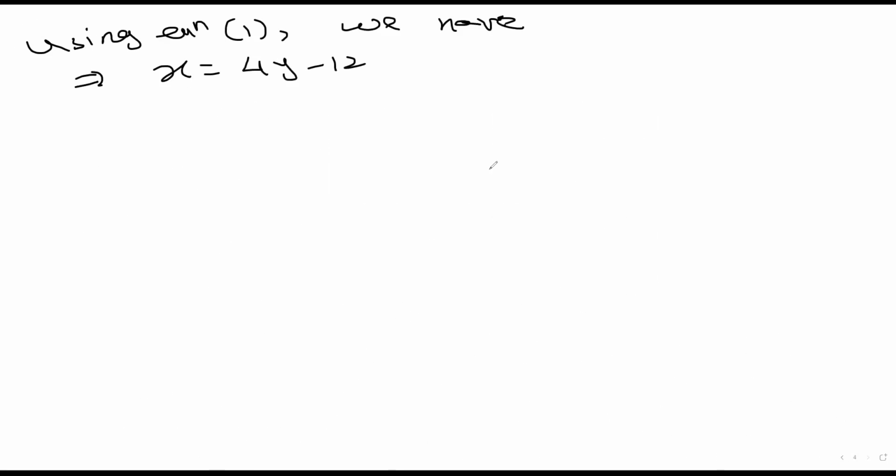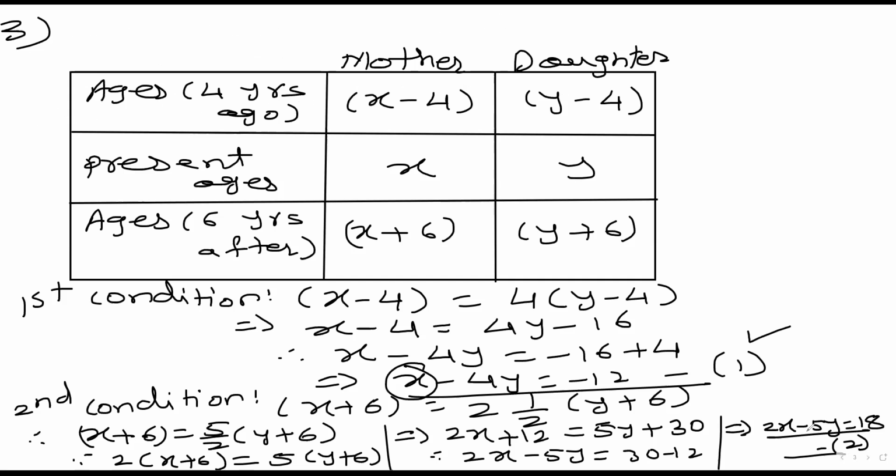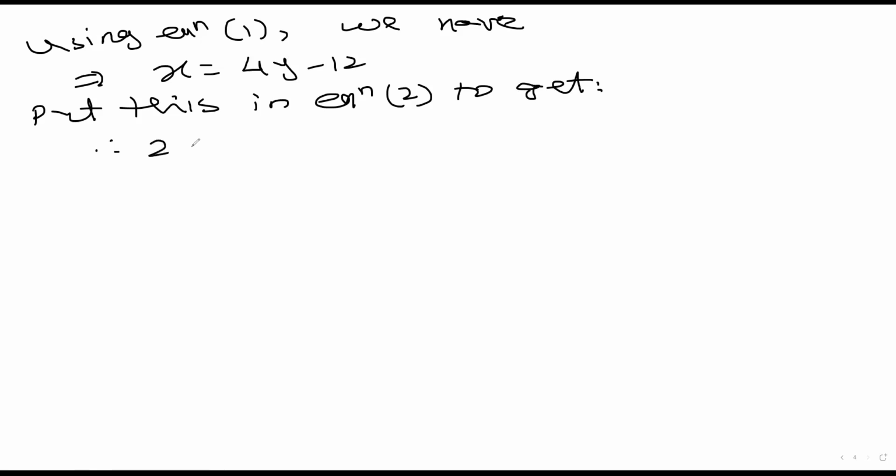Put this in equation 2 to get. Okay. What do you get? So in place of 2x, you'll say 2 into bracket 4y minus 12. Always use brackets.